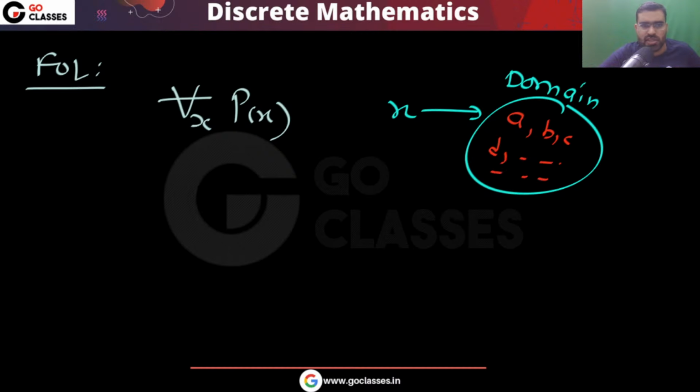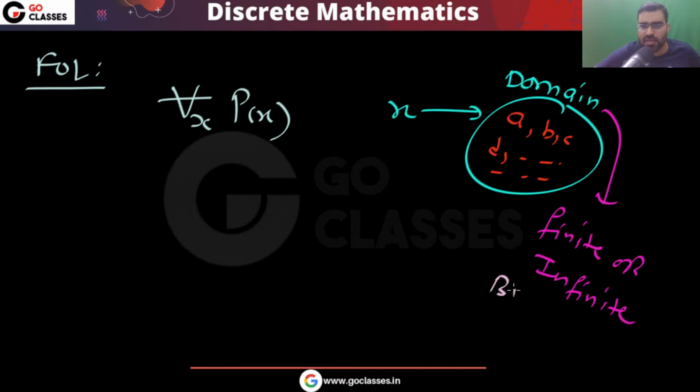This domain can be finite or infinite, but it is definitely non-empty. I already told you that the domain is always non-empty. Unless I tell you that the domain is empty, you always have to consider the domain non-empty.